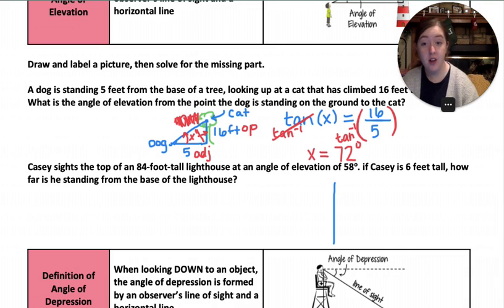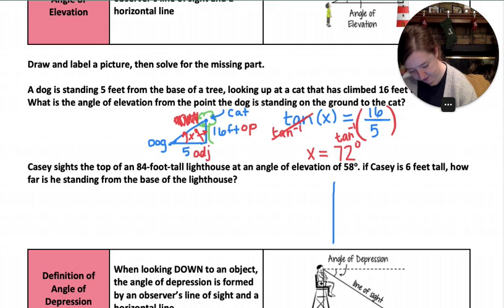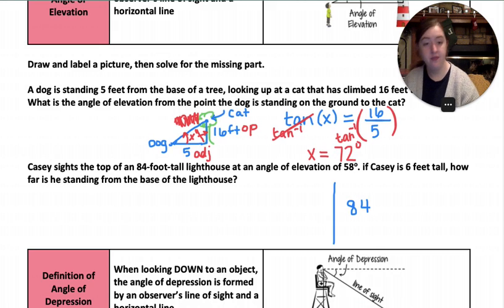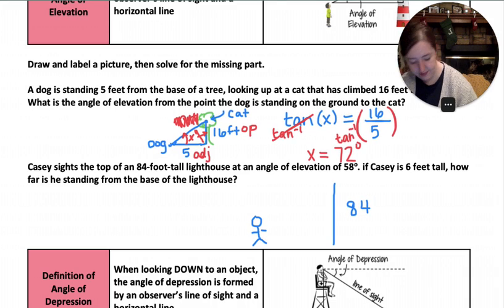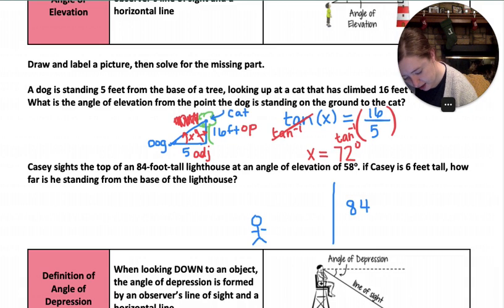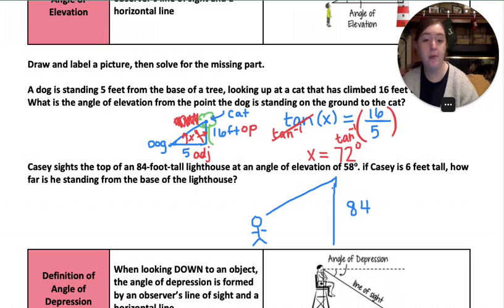So, here's our lighthouse. That's 84 feet tall. Now Casey over here is chilling. He or she, they, is looking up at the top of this guy.